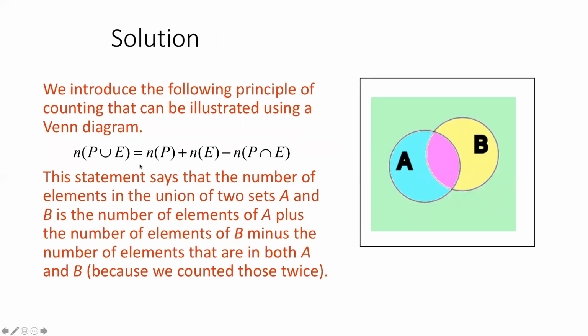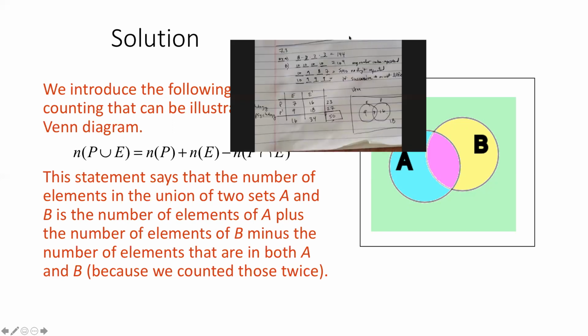Right, so if you want to follow my solutions here, you can do this as well, but this is the addition rule. So it's the union. So the number in psychology or English is equal to the number in psychology plus the number in English minus the intersection of psychology and English. So in other words, if I was to make my box bigger again for you guys to see it.